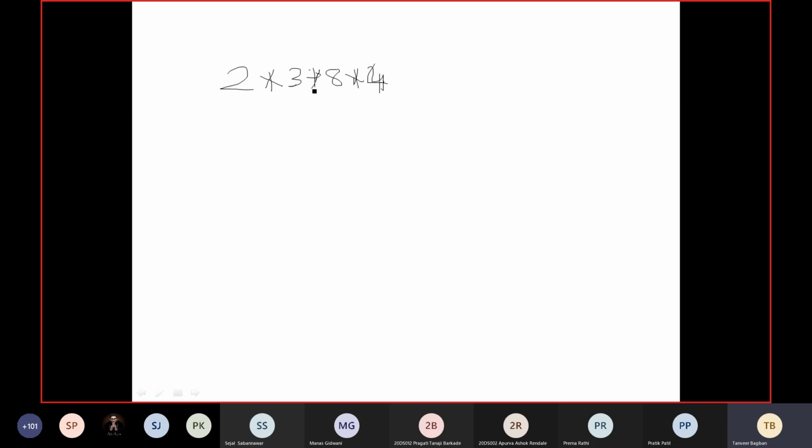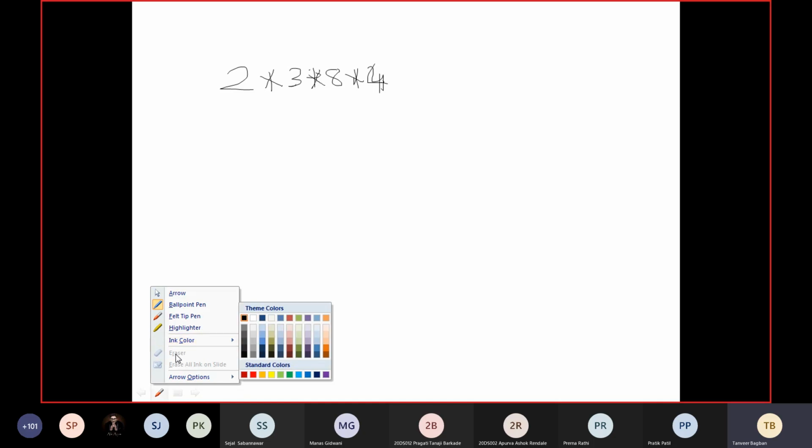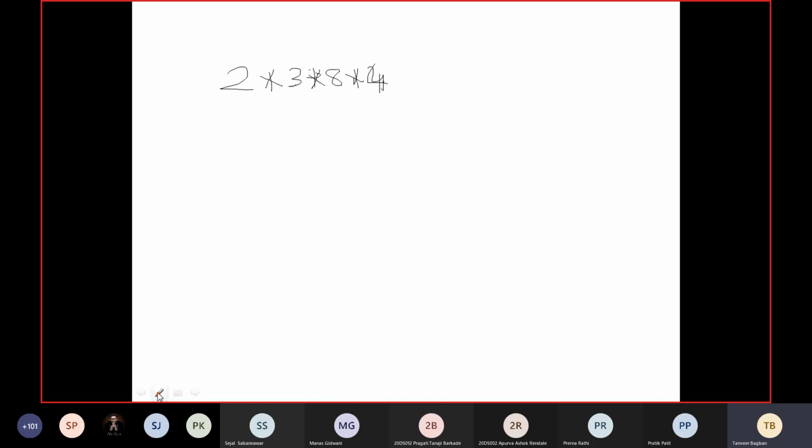Here you consider multiplication and here you consider plus. Suppose you want to evaluate this. Now, what is the postfix of this?